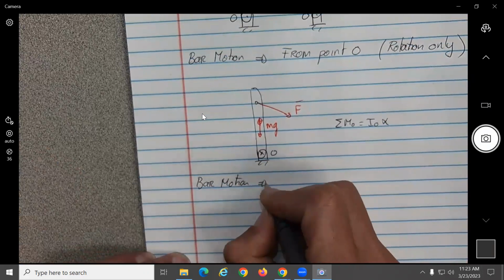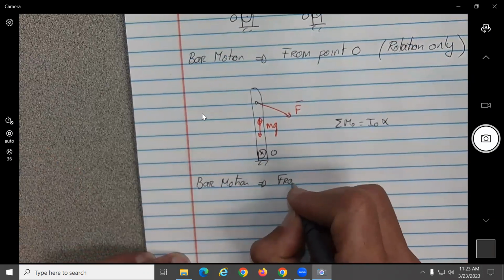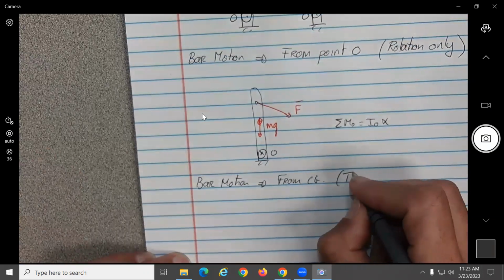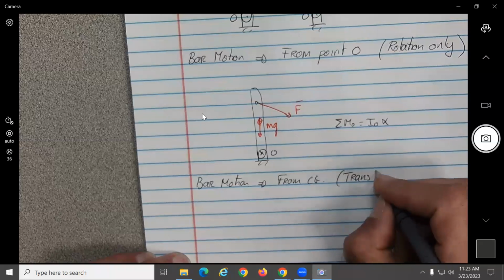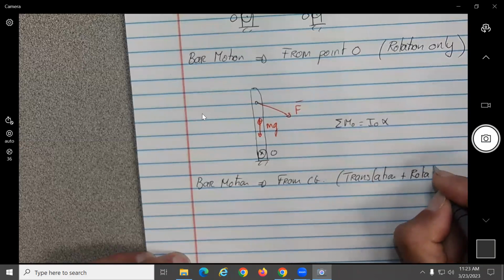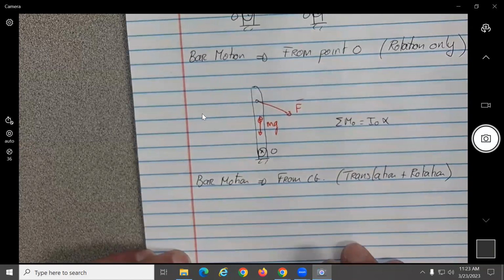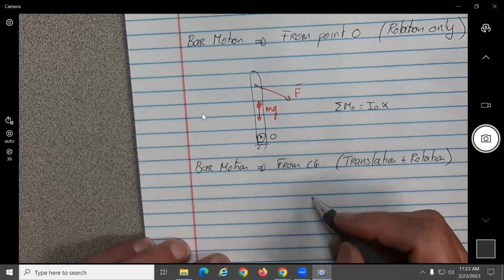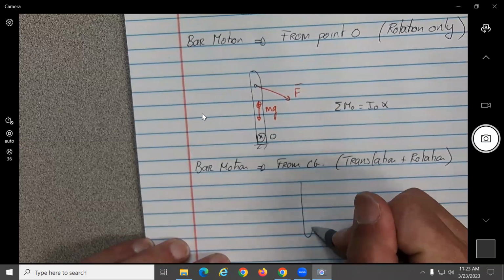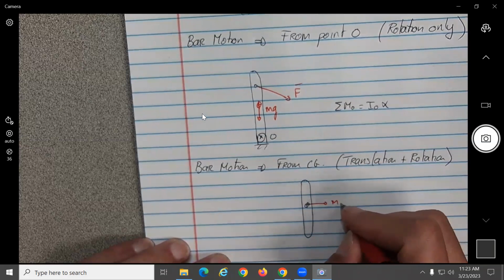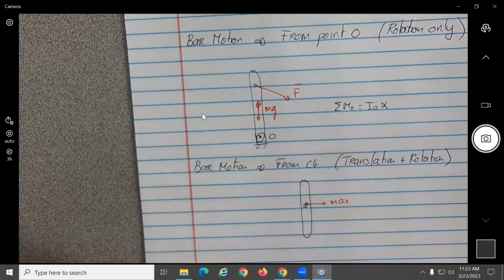Now, if you look from the CG, CG is going to have what? Translation plus rotation. Okay, so if you draw the figure from the CG, if you use the motion from the CG here, what could be the vectors you're going to have? I'm going to do two figures, okay?